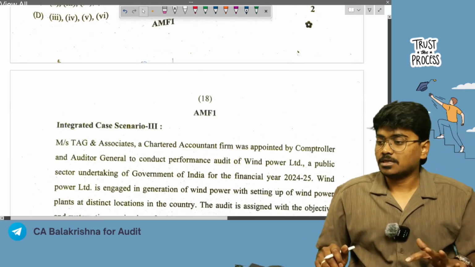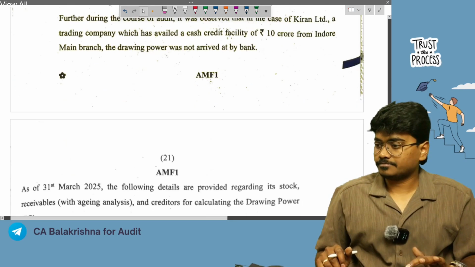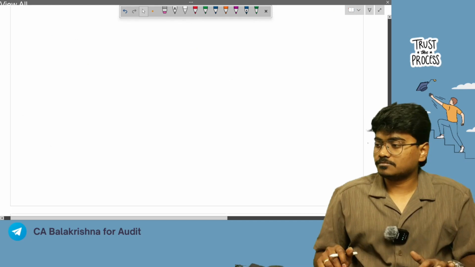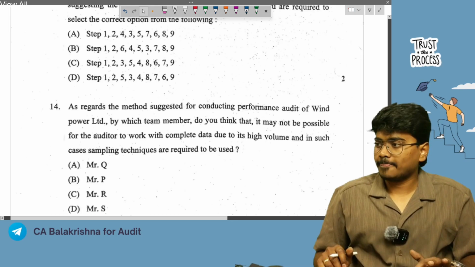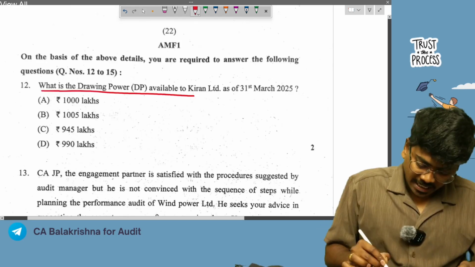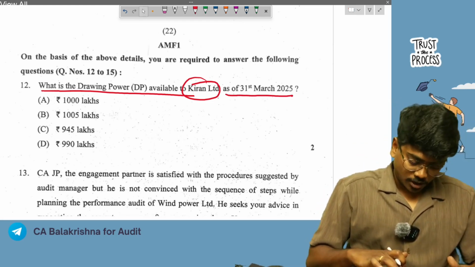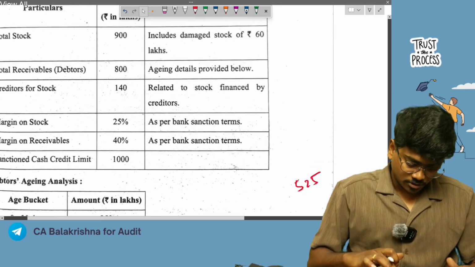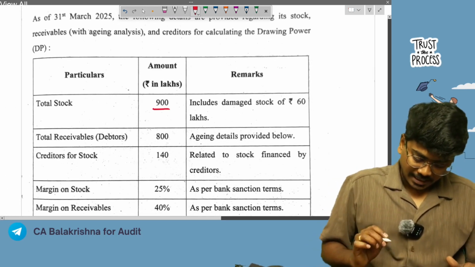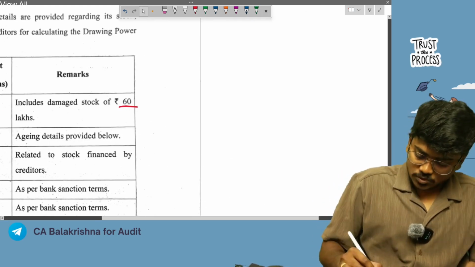Next, case scenario number 3. What is the drawing power available to Kiran Limited as of 31st March 2025? We need to calculate drawing power. They have given the information over here. Let us calculate. First of all, total stock is 900 lakhs. Of that, damaged stock is 60 lakh, so you should reduce it.